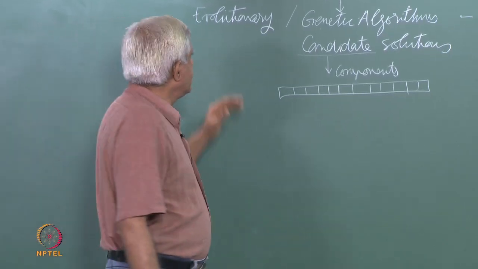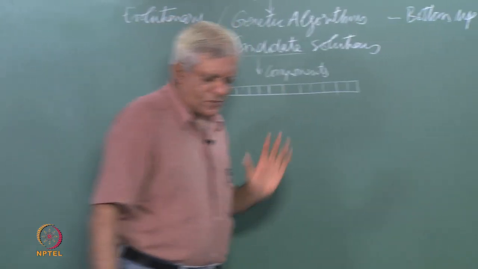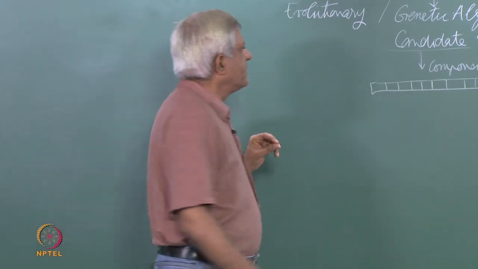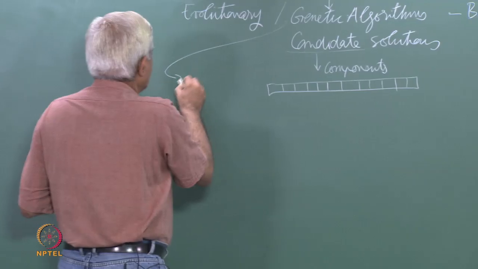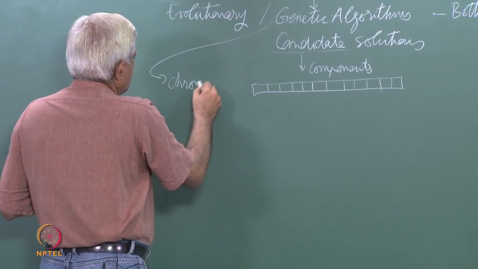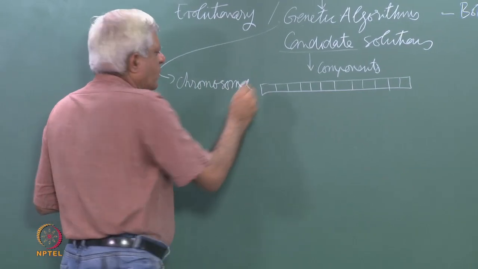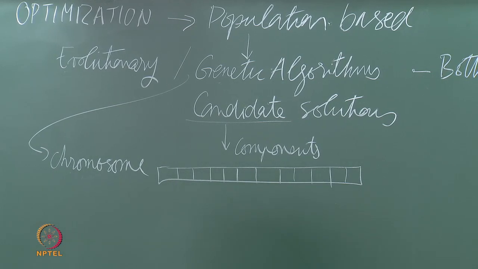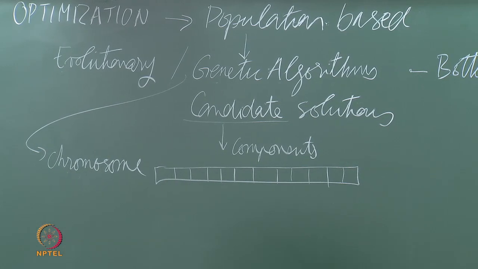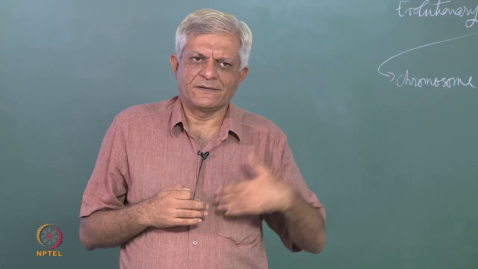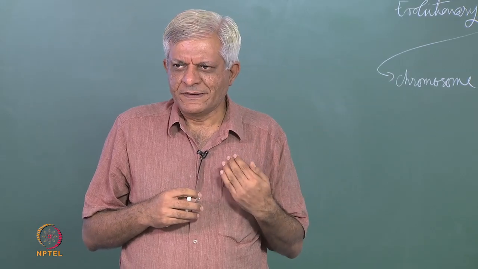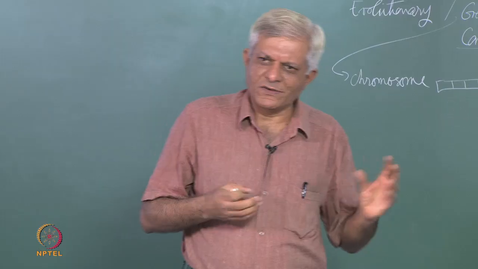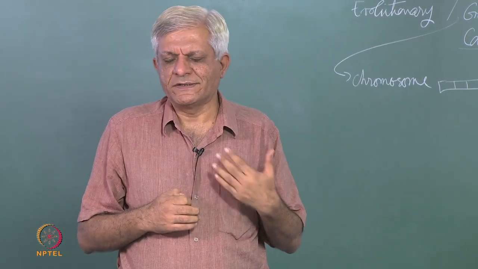So, when we talk about genetic algorithms, we have to talk about encoding a candidate solution as a string. In terms of genetic algorithms, we would call this a chromosome, borrowing from the biological world, and essentially there is an interplay between chromosomes of different parents, which modifies the design of the candidate or the design of the solution.